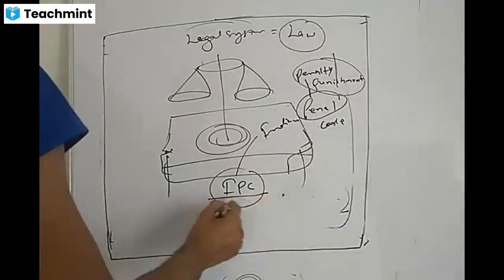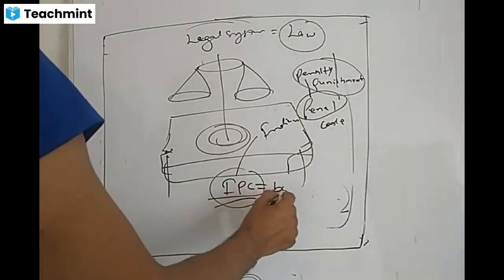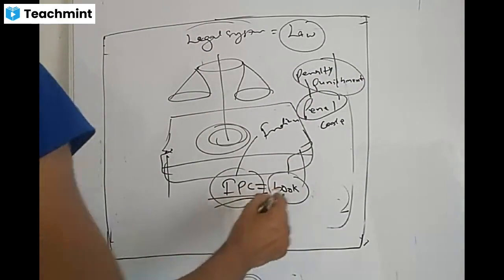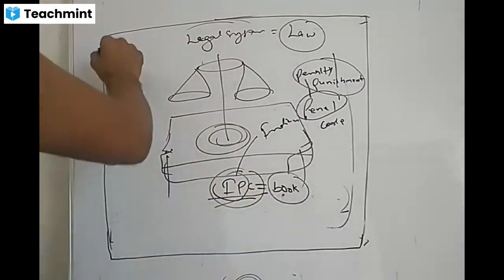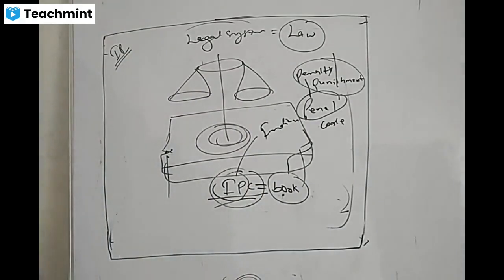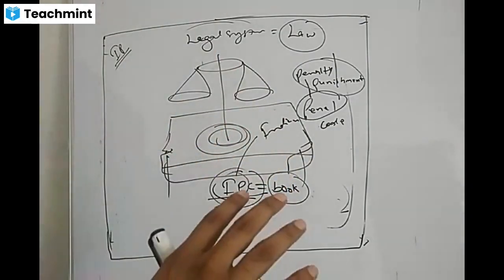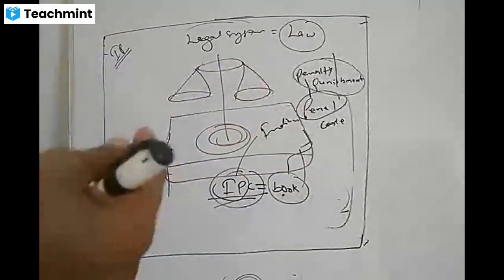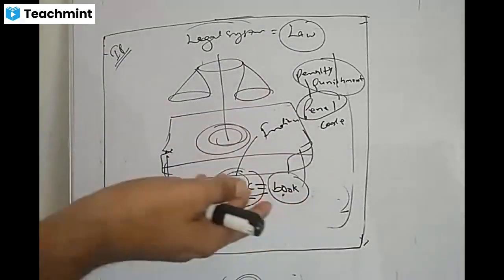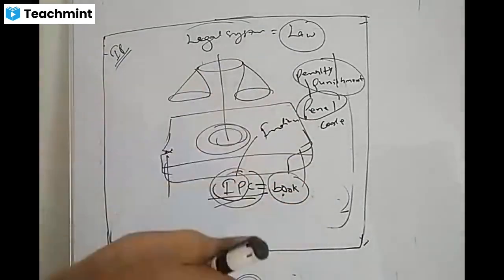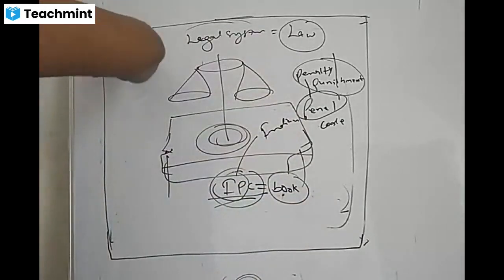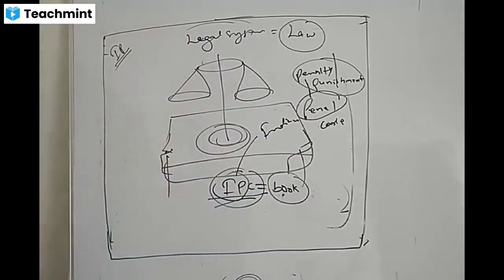So IPC is nothing but a book, just like your IP. In pharmacology, we have studied the term IP. IP means Indian Pharmacopoeia. So Indian Pharmacopoeia is also a book in which some standards are given. If a company wants to manufacture a drug, like your meloxicam, like your Dexa, then the company has to refer to all the standards which are mentioned in the Indian Pharmacopoeia.